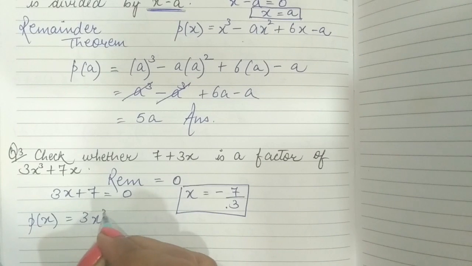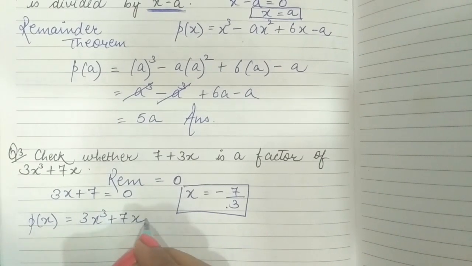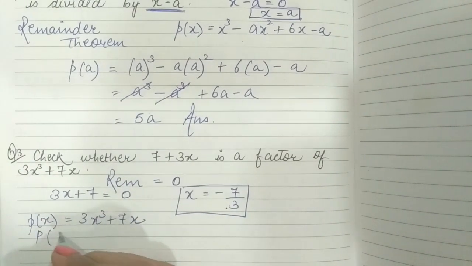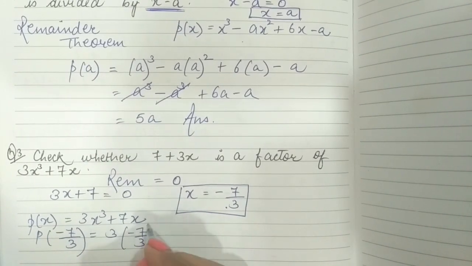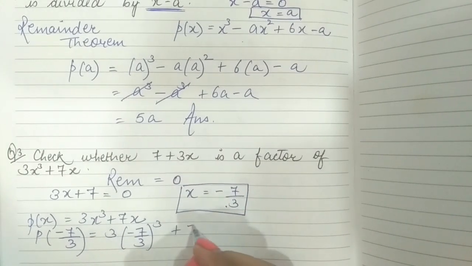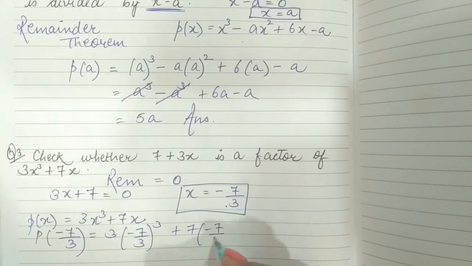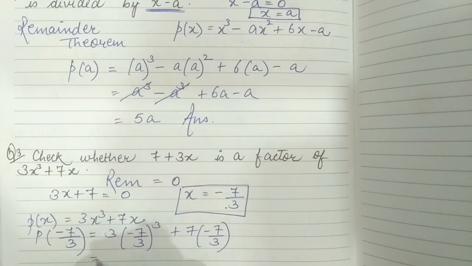p(x) is 3x cubed plus 7x. In the place of x, I am going to write minus 7 by 3. 3 into minus 7 by 3 whole cube plus 7 into minus 7 by 3.